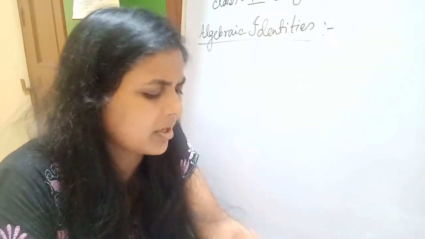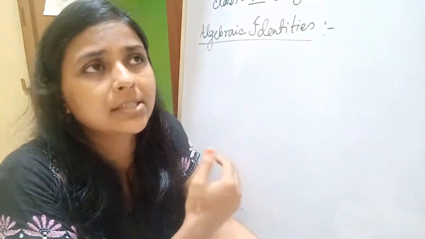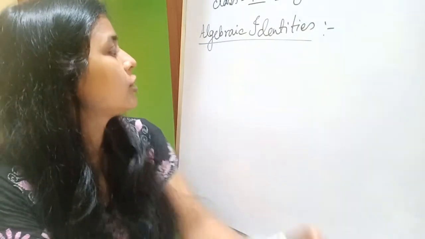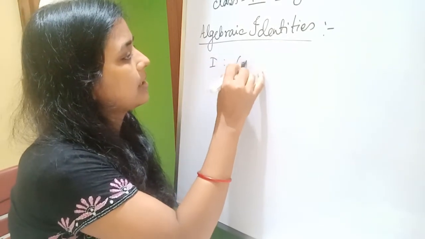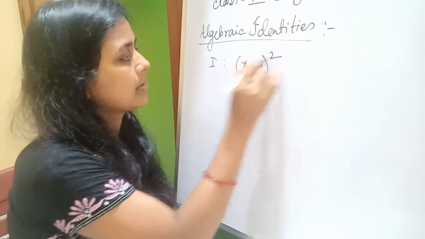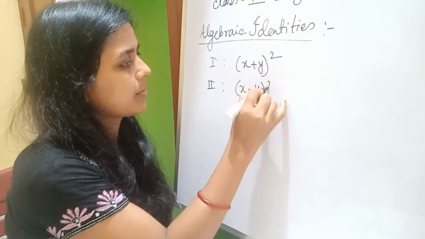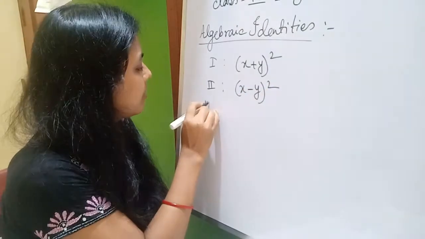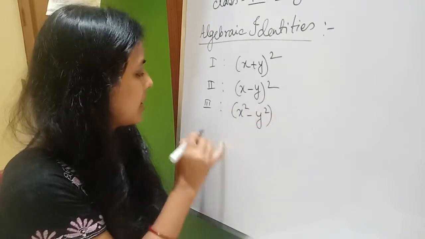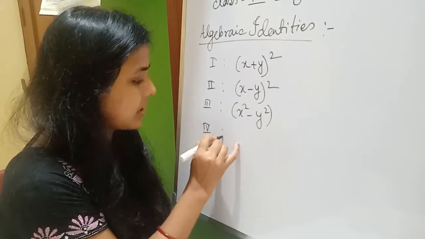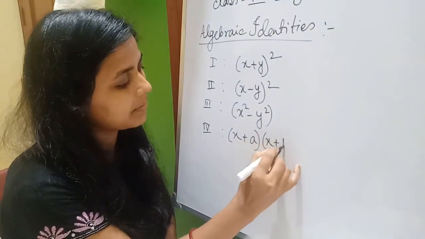That you already have done in previous classes like 7, 8. So the first identity comes with x plus y whole square. Obviously the second one is x minus y whole square. Then the third one, here in your book, is x square minus y square. And the fourth one, I hope, is x plus a into x plus b.